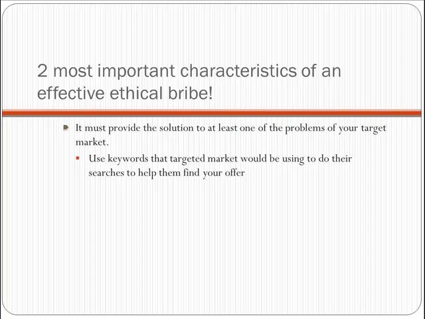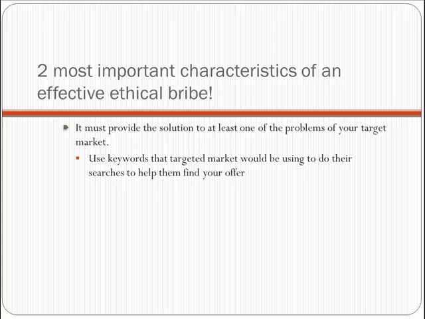Now, the two most important characteristics of an effective ethical bribe are: it must provide the solution to at least one of the problems of your target market. So you're going to have to do some research and know the problems. Use keywords that your target market would be using in their searches to help them find your offer.